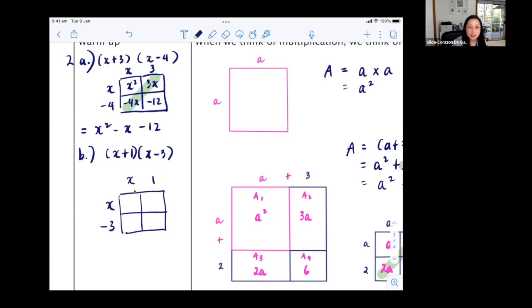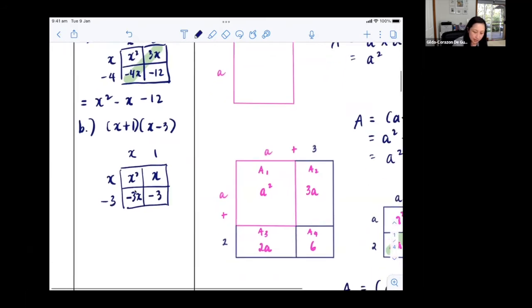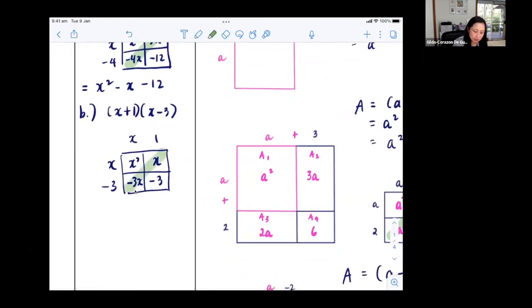What's x times x equal to? That's x squared. X times 1 is 1x, or simply x. X times negative 3 is negative 3x. And negative 3 times 1, you get negative 3, right? And again, you can combine these two. You have x squared minus 2x minus 3, because minus 3x plus x is minus 2x.